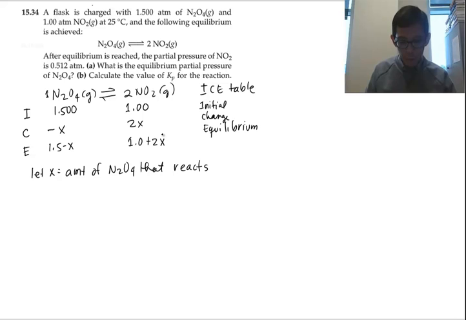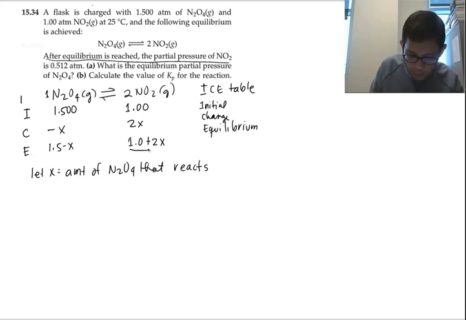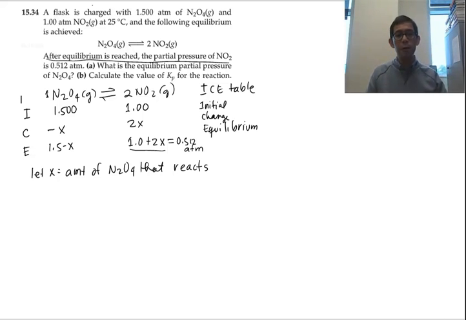Alright, so what else are we given? It says that after equilibrium is reached, the partial pressure of NO2 is 0.512. So this 1.0 plus 2X is equal to 0.512 atmosphere, because that's the equilibrium pressure of NO2.